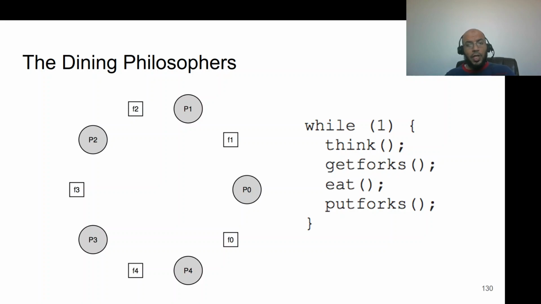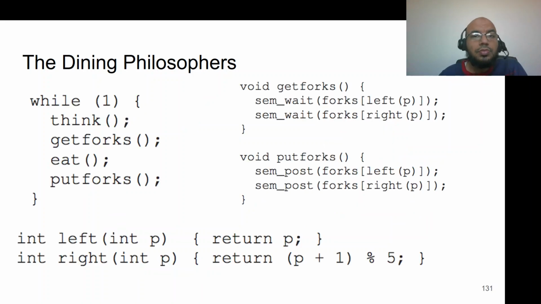Now they all try to pick their left hand forks. Well, unfortunately, there are no left hand forks for any of them. So they will all starve to death, and they all cannot eat. So this is the problem with the dining philosophers problem.